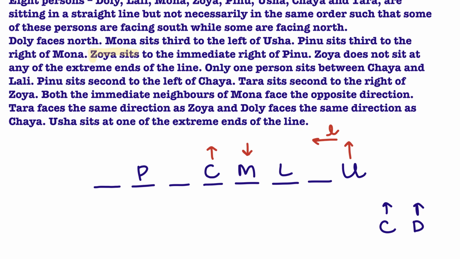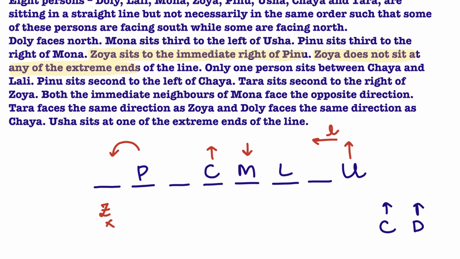Now let's focus on these 2 sentences. He said Zoya sits to the immediate right of Pino. Okay. He also said that Zoya does not sit on any of the extreme ends of the line, right? So Zoya should be beside Pino, but Zoya cannot come at this position because this happens to be the extreme end.